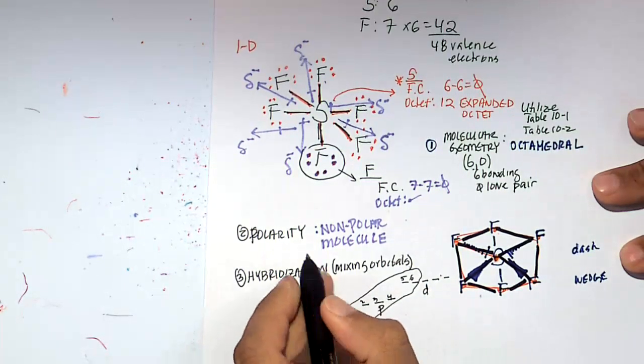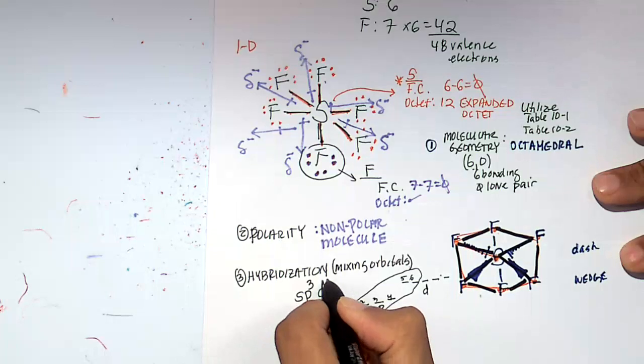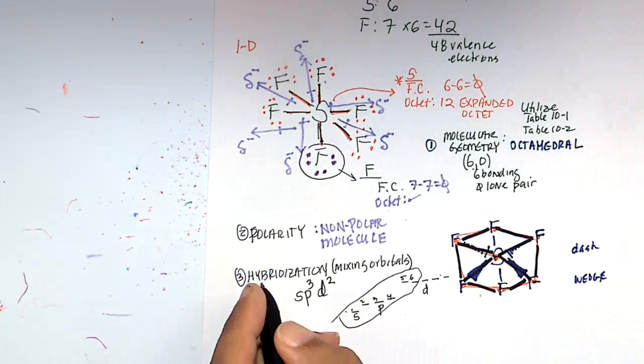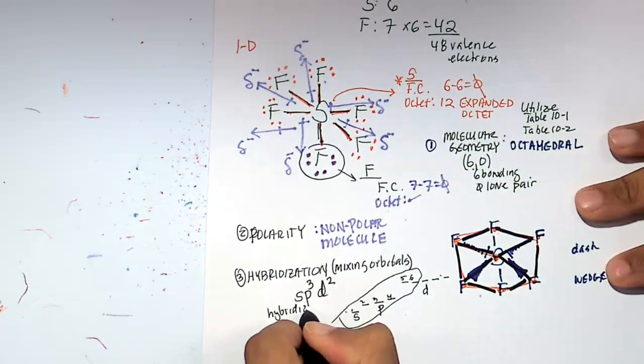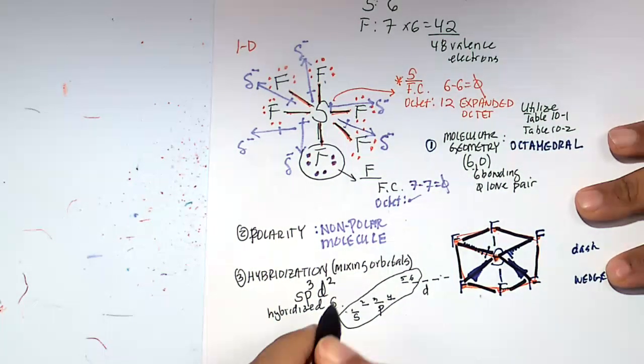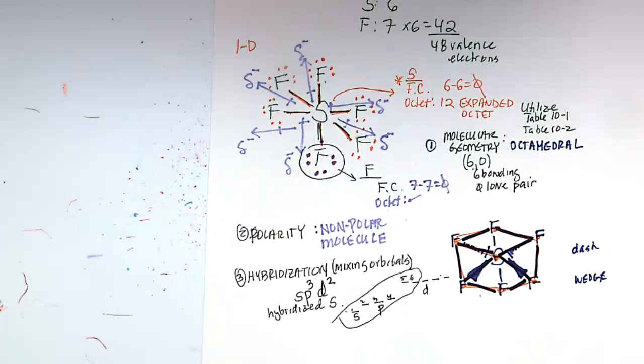So this is an sp3d2 hybridized sulfur. And that completes the SF6.